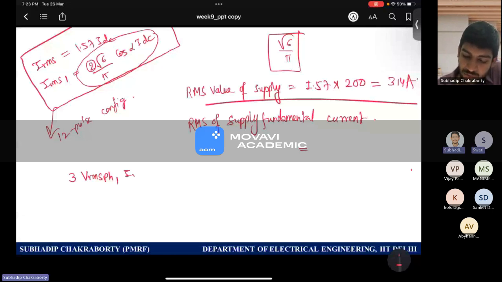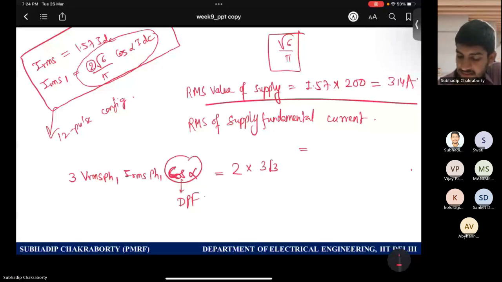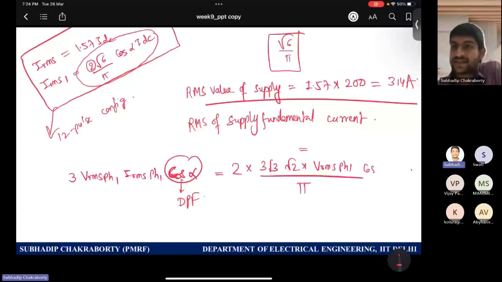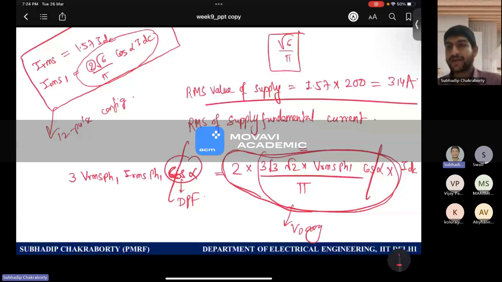And this side we need to do 2 times 3√3 Vm, meaning √2 times VRMS phase 1, divided by pi into cos alpha into IDC. So this was V not average, this full term. So this cos alpha and this cos alpha will go away, and then VRMS and VRMS will go away.